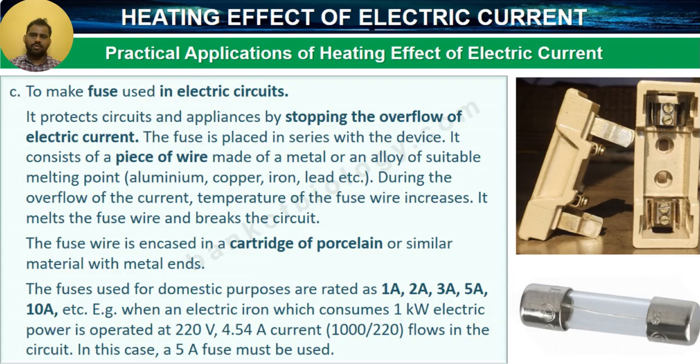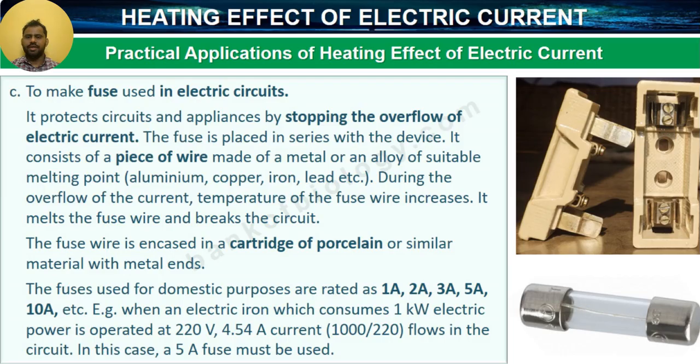So a fuse is used to protect the circuit and appliances by stopping the overflow of electric current. The fuse is placed in series with the device. It consists of a piece of wire made of a metal or an alloy of suitable melting point: aluminium, copper, iron, lead, etc. During the overflow of current, the temperature of the fuse wire increases.